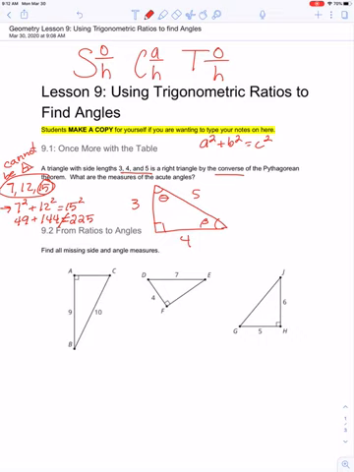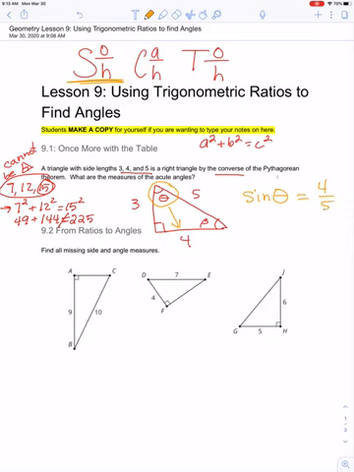An angle is always given to us. So let's think about what this is doing. I am going to look at theta, and I'm going to use sine. So sine is, I want the opposite side. So sine of theta is my opposite over my hypotenuse.